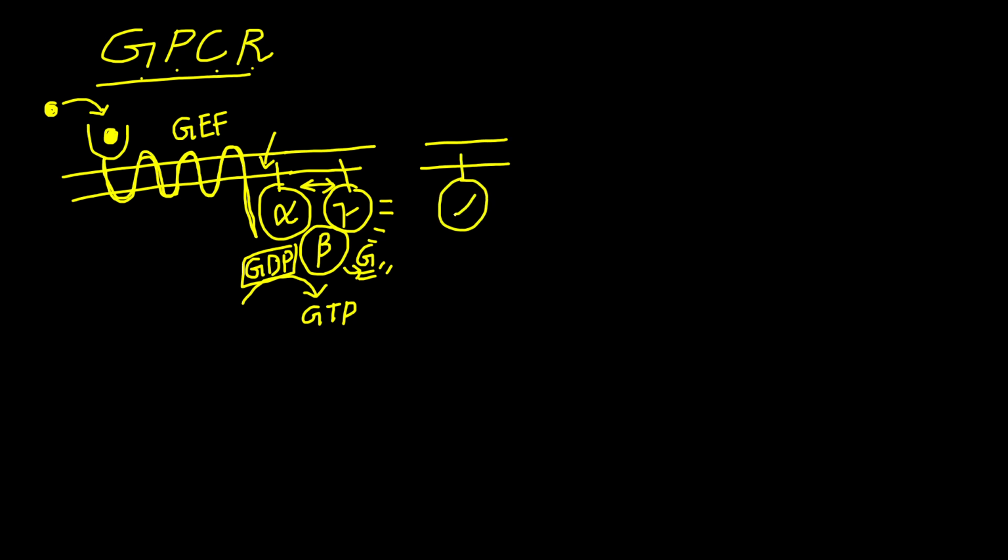So here I am talking about the alpha subunit of the G protein. After activation, it activates the enzyme adenylate cyclase, which is an integral protein. Okay, this enzyme converts the ATP into cyclic AMP.